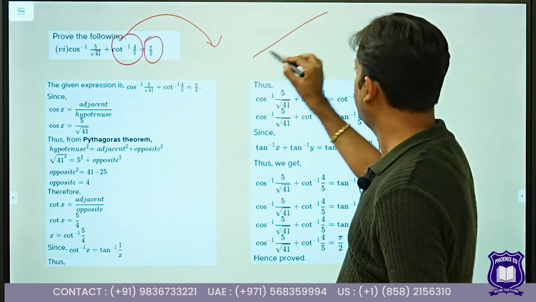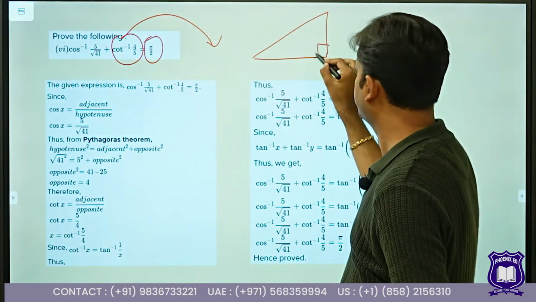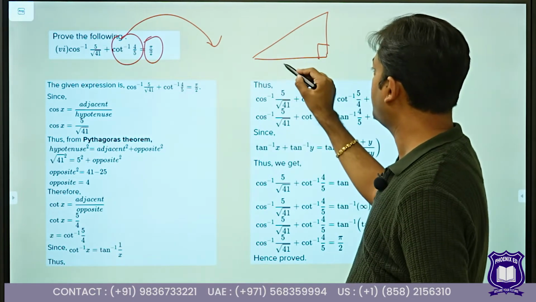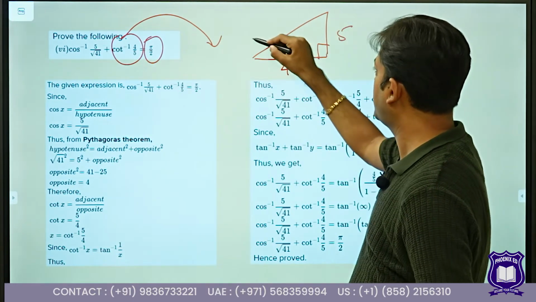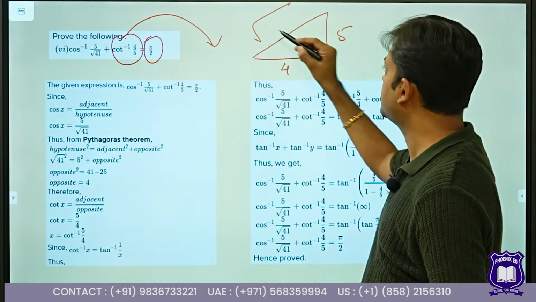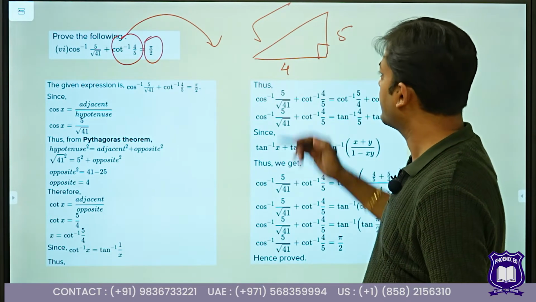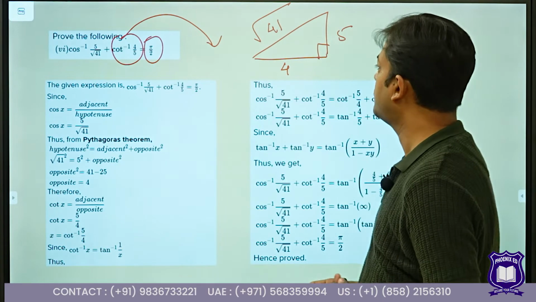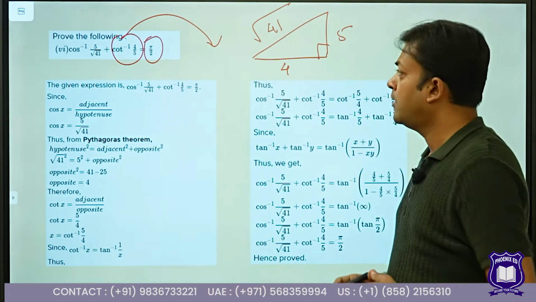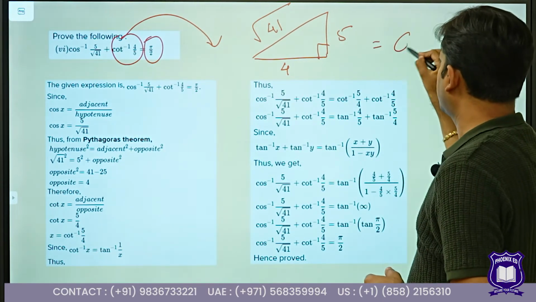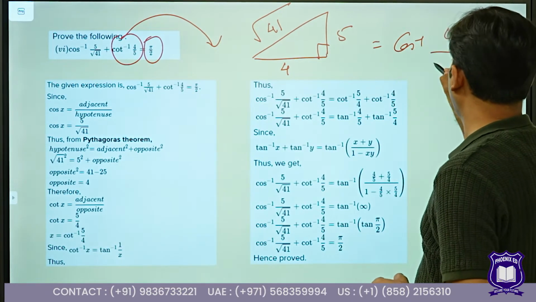So let us take this. This was cot inverse of 4 by 5. Using Pythagoras theorem, it would be 16 plus 25 and that is 41. So it becomes root 41. It would also be written as cos inverse of 4 by root 41.